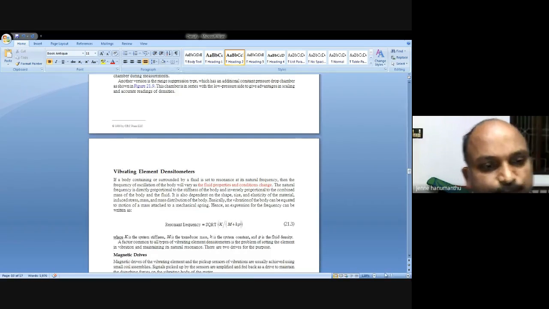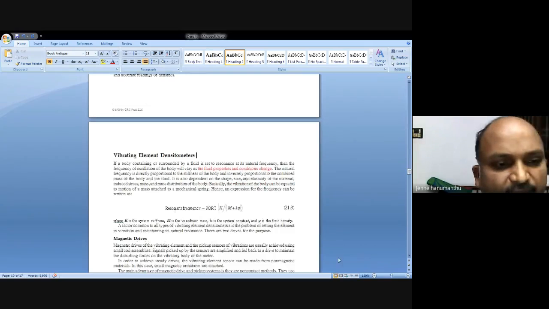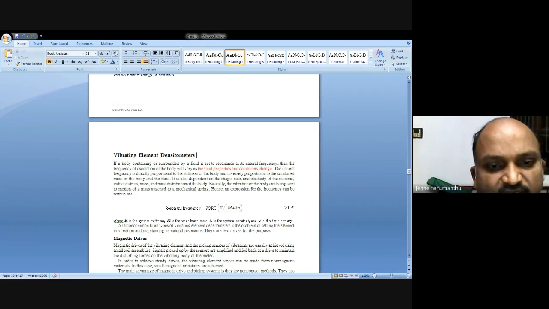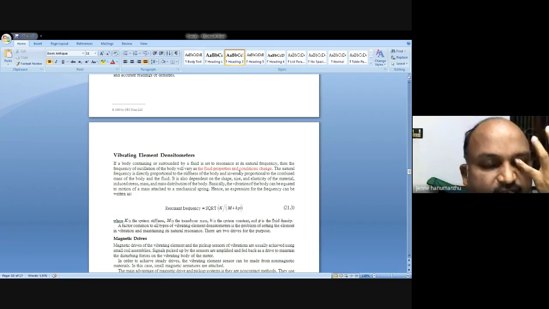Vibrating element. In this vibrating element, if a body containing or surrounded by a fluid is set to resonance at its natural frequency, then the frequency of oscillation of the body will vary as fluid properties and conditions are changed.